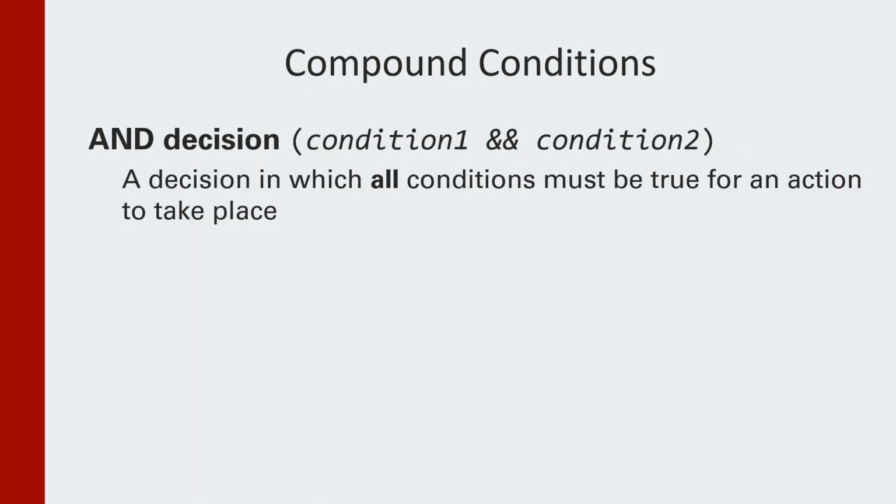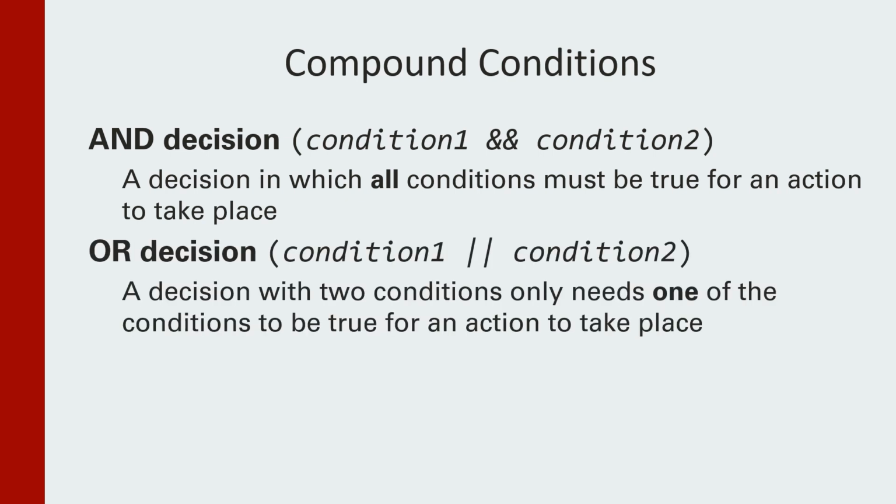So what do each of these operators mean? The and is where if you have two or more Booleans that are separated by this and, all of them have to be true for the entire thing to be true. So if I have condition 1 is true and condition 2 is true, then condition 1 and condition 2 will be true. An or requires only one of the conditions to be true for the whole thing to be true.